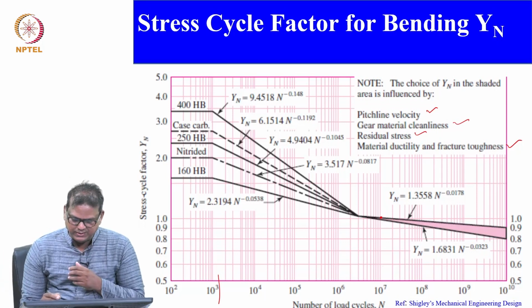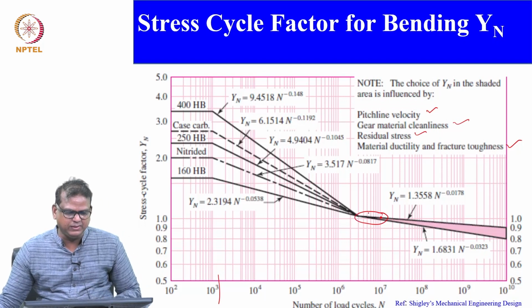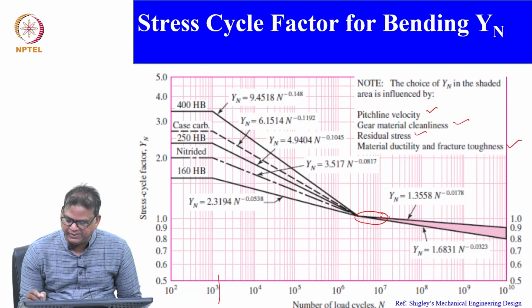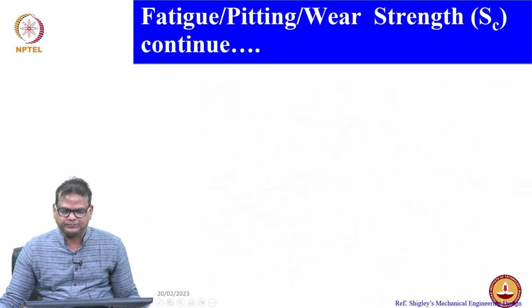Okay, standard. So this is the standard one for Y_N. We can choose straight away Y_N for bending, Y_N equal to 1. This is for the bending aspect.